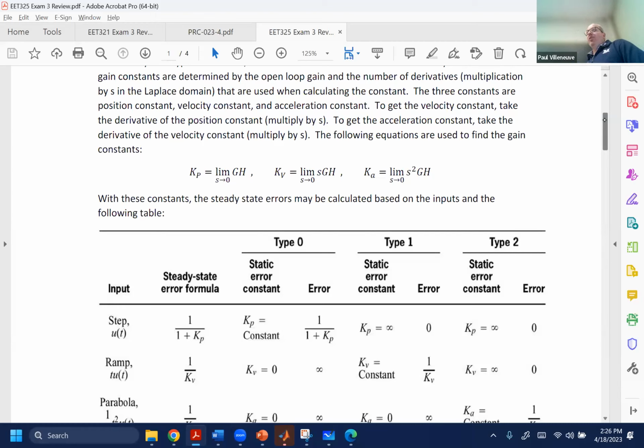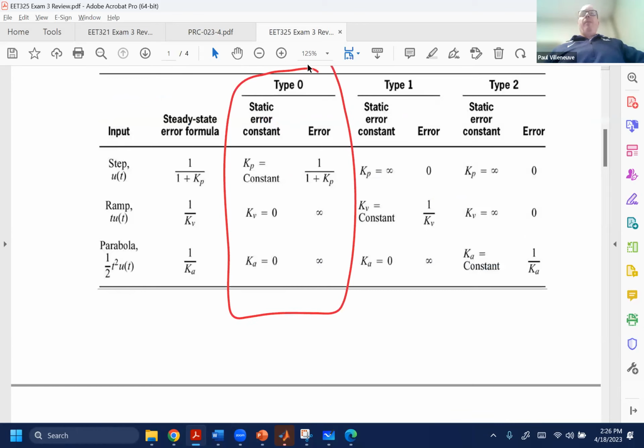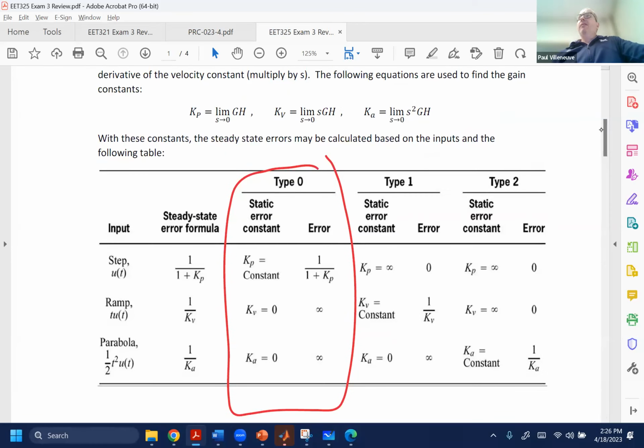So once you know the system type, then you can immediately just say, oh, it's a type 0 system. So if it's a type 0 system, all I need to focus on is this part here. This is where my calculations are all going to be applicable. It's not a type 1 or type 2 system, so I don't need that. So for a type 0 system, my K sub P value is a constant, which I determine from here.